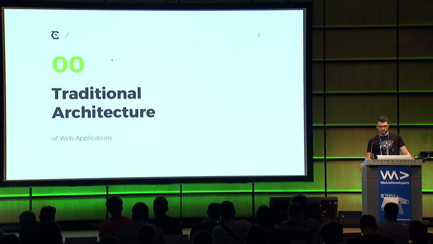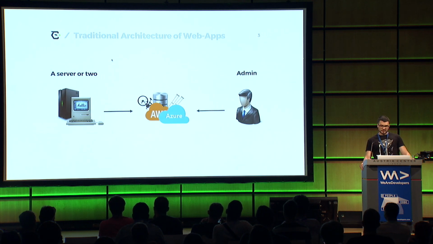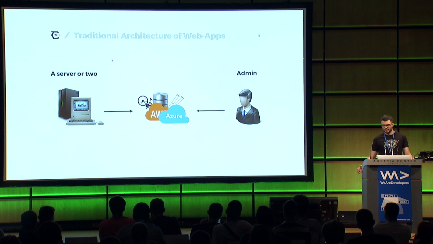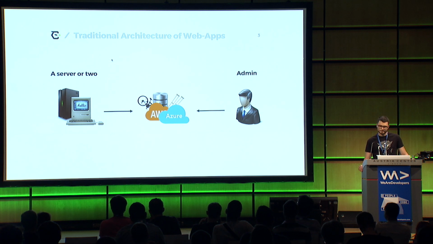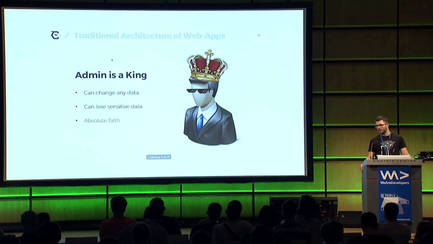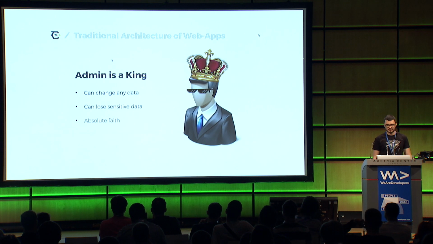Let's talk about some traditional architecture of web apps. Very often they are quite messy, so we have some servers, we have some cloud services like Azure or AWS, and one of the most dangerous and not cool things is that we have an administrator who's basically the king of all this mess.